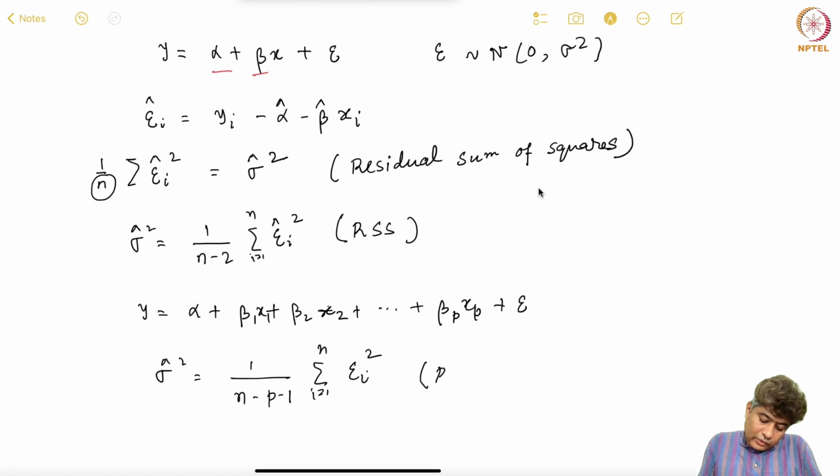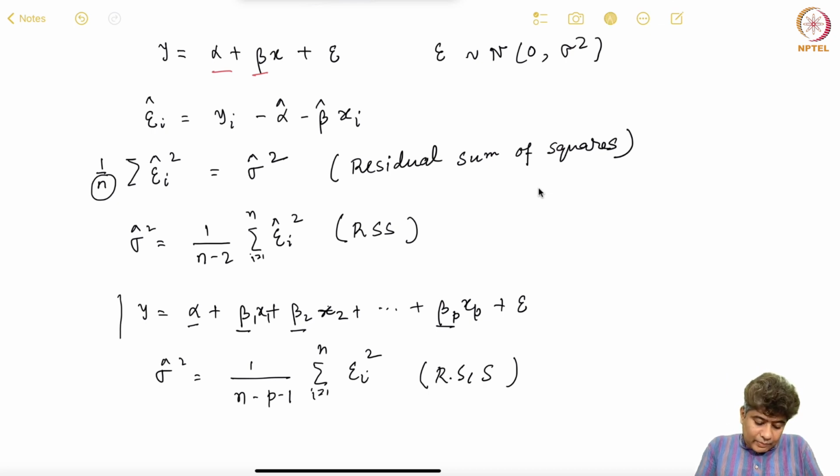You are estimating beta 1 to beta p plus alpha, so p plus 1 parameters, which results in n minus p minus 1 as the divisor.